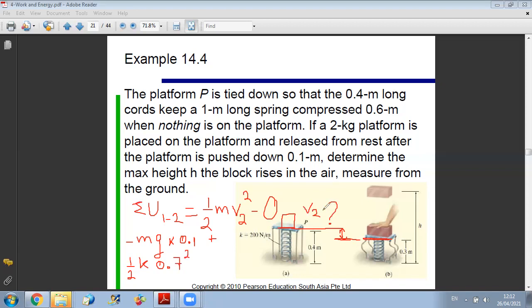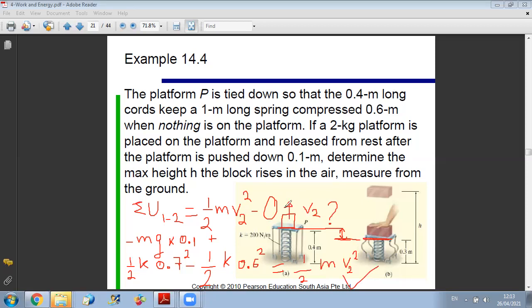At state 2, delta L2 is 0.6, so minus half K times 0.6 square, equals half mv2 square. As you can see here in this equation, the only unknown is v2. So from this relation you can calculate what is the velocity of the box when leaving the plate.